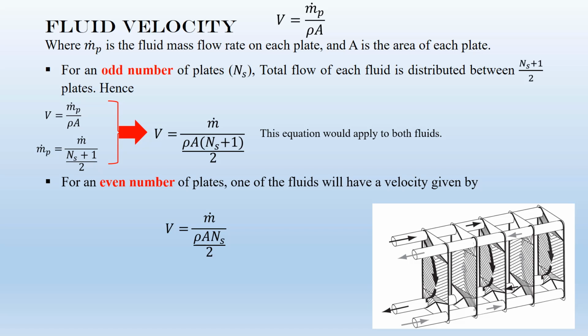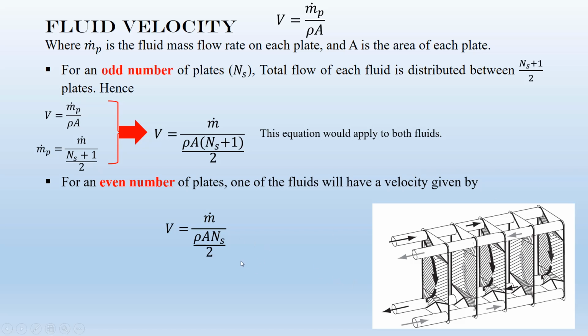So 4 over 2 is 2 plates. So for one fluid, the m dot is distributed over NS over 2 plates, and for the other one it's distributed over NS over 2 plus 1 plates, correct?